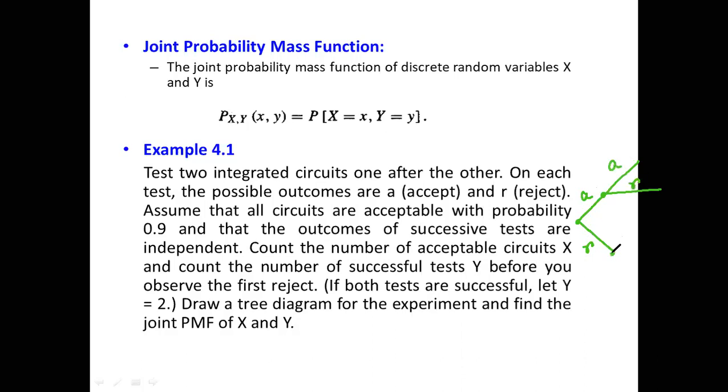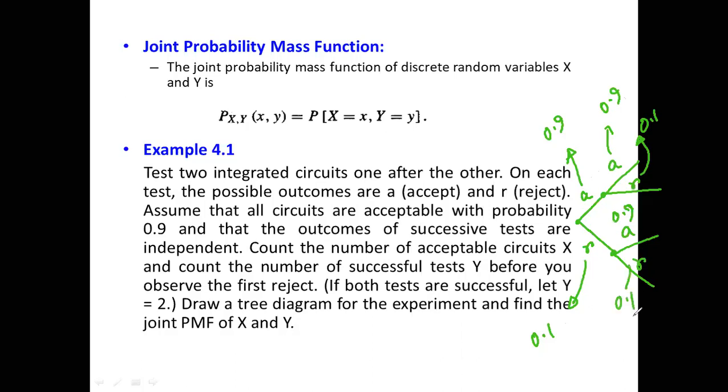Here also again two tests, accept, reject. Now they are telling assume that all circuits are acceptable with probability 0.9. So this probability is 0.9, then this probability will be 0.1. That probability is 0.9 and this probability is 0.1. Similarly, this one is 0.9 and this one is 0.1.